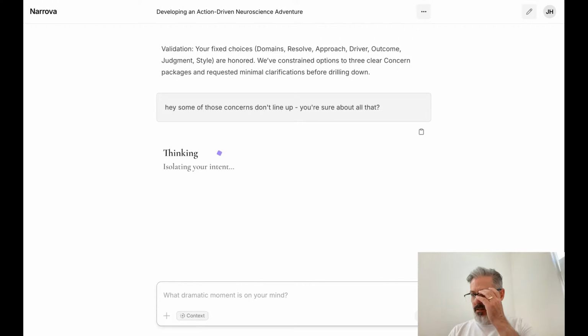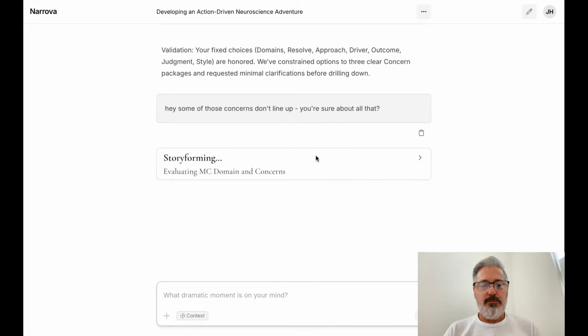And it should be able to correct itself about that issue. Again, this is like heavy Dramatica type stuff. So it's going through and just clarifying all the concerns and steps.